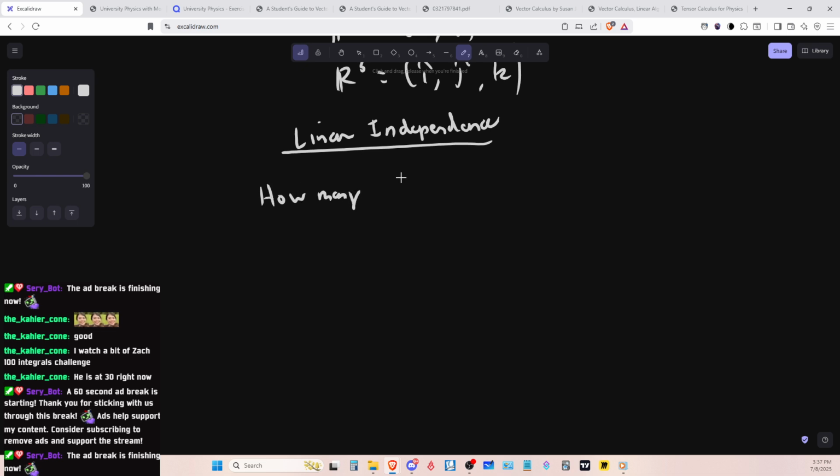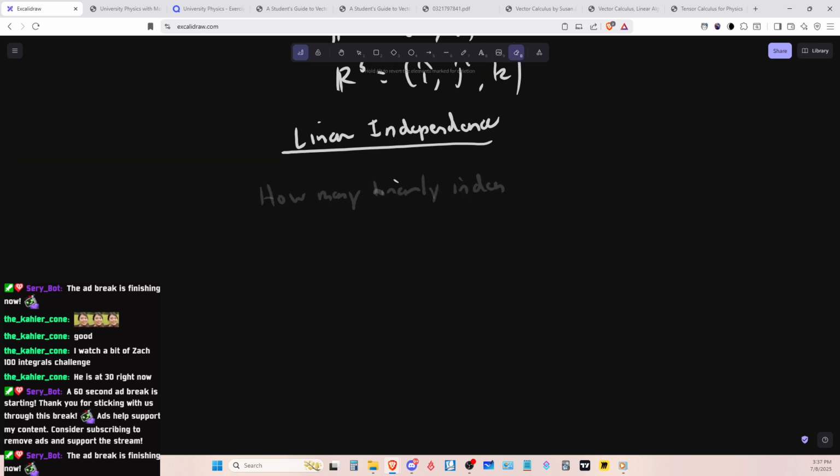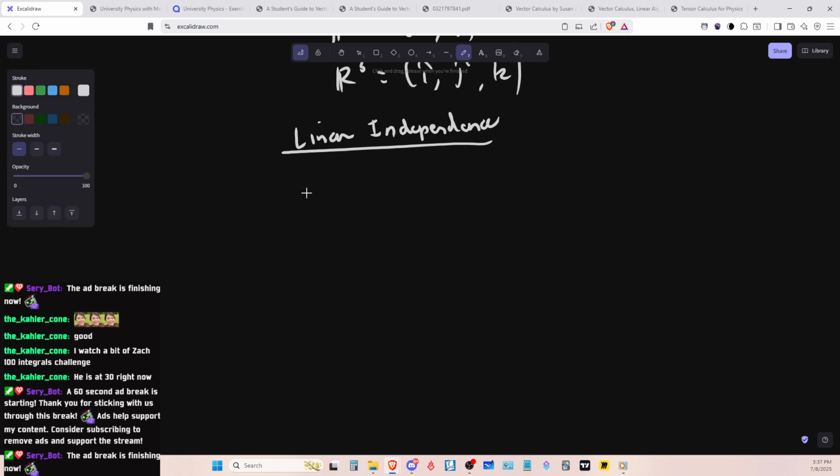Sometimes when you look at something, I know what linear independence is. It's just that maybe I should write it in my own words. I'm familiar with the workings of it, but defining it is probably harder. The way I'm thinking of it, I'm thinking of examples. If you have a combination like this, where each component is completely different.